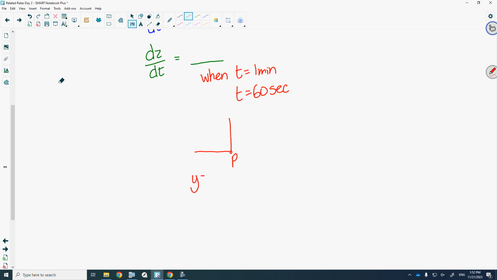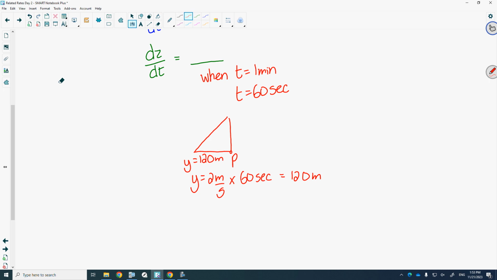So y is equal to, he's going 2 meters per second, and I want to know how far he goes at 60 seconds. How far is he after 1 minute? How far did he walk? 120 meters. So he walked 120 meters at 1 minute.